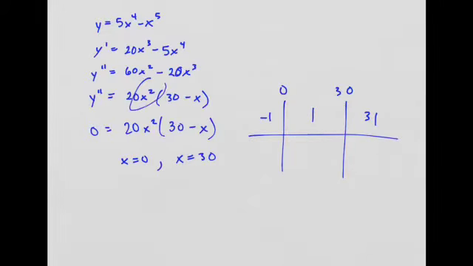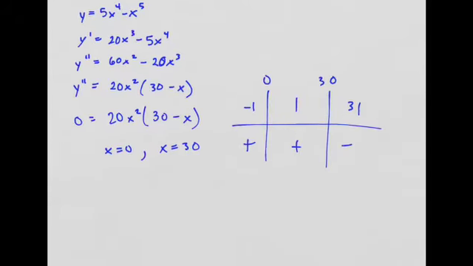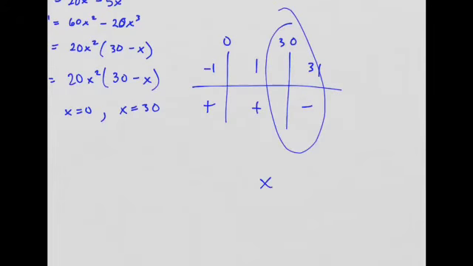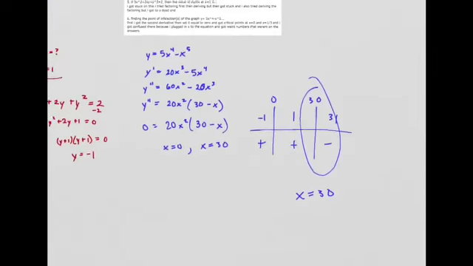So if I plug in -1, this is always positive, and this is positive, so that's going to be positive. Then plug in 1, that's always positive, and 3 minus 1 is positive, so no sign change there. And then plug in 4. Well, that's positive, that's negative, so I get a negative. So there is an inflection point at x equals 3.